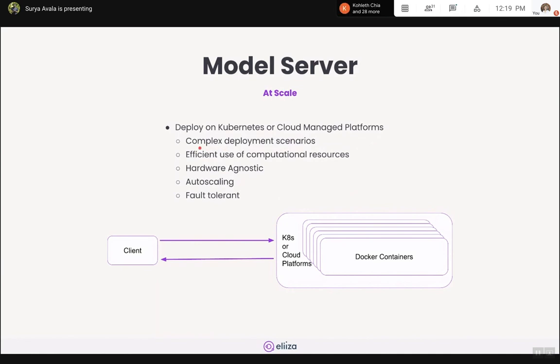This could help us in doing complex deployment scenarios, wherein we would often want to have multiple models in production to do A/B testing on which models are performing well against the real data.